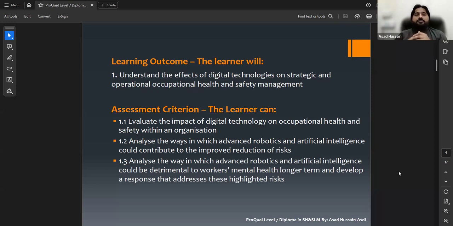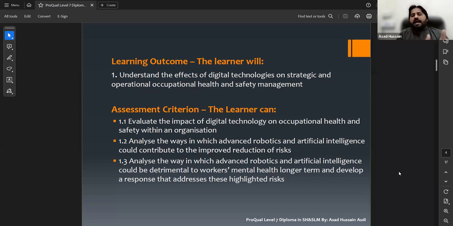Like what type of technology in your organization you are using, which is under the cover of advanced robotics and artificial intelligence, and is working there and contributing to the reduction of risk. You have to give your analysis on it. But when it comes to providing supportive evidence, since it's analysis, if you can explain very well, then it's fine.